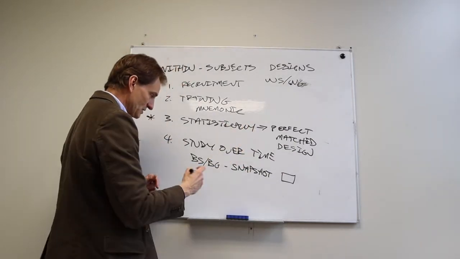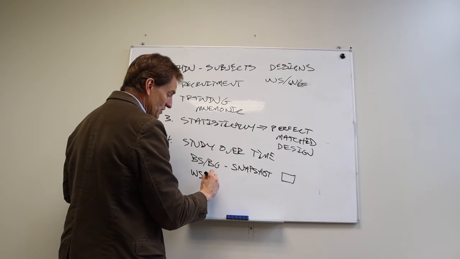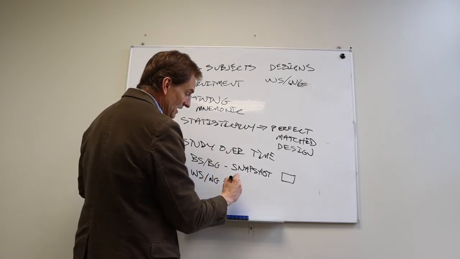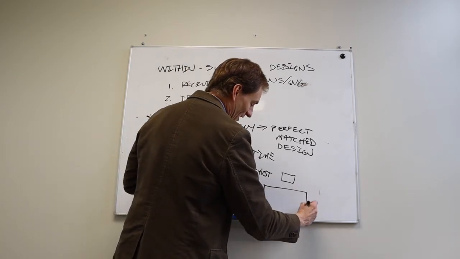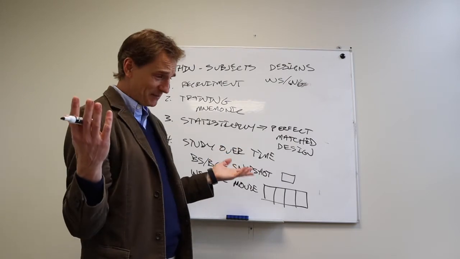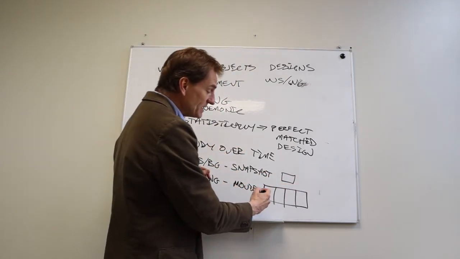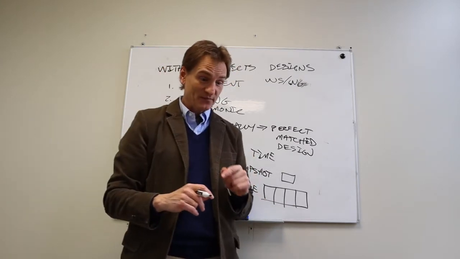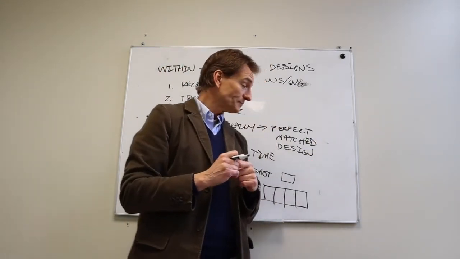Or the person's behavior in that one treatment condition. In within subjects, within groups design, it's more like a movie, if you want to think of it. We'll keep this kind of analogy going here. Or maybe it's a simile, or maybe it's a metaphor, because I don't know the difference between those things. But we see the people in every condition, and so it gives us a better understanding of their behavior.